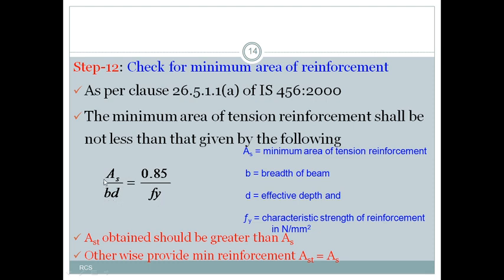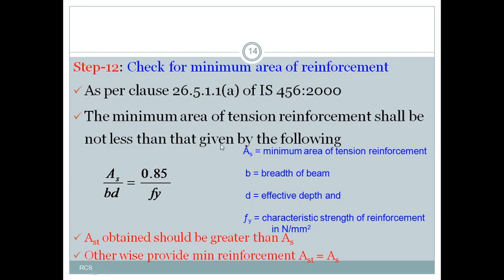According to that, we calculate the minimum area of tension reinforcement. The total area of tension reinforcement Ast obtained should be greater than this. Otherwise, if Ast is less than this As, then the value obtained for As will be provided as the minimum area of reinforcement.